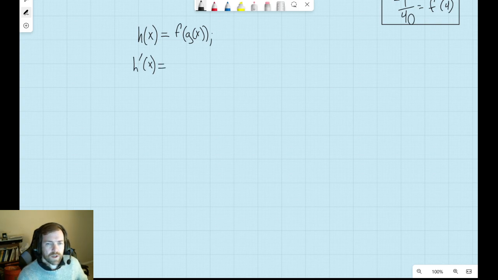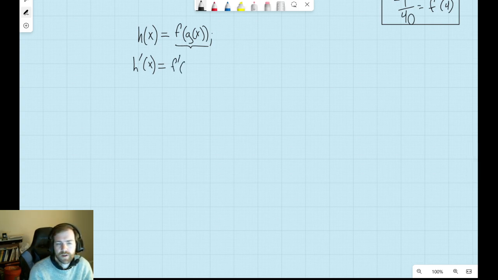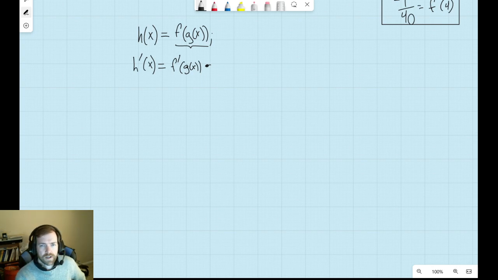Then this is going to be our chain rule that we need from this. So this was f prime at g of x times g prime at x.